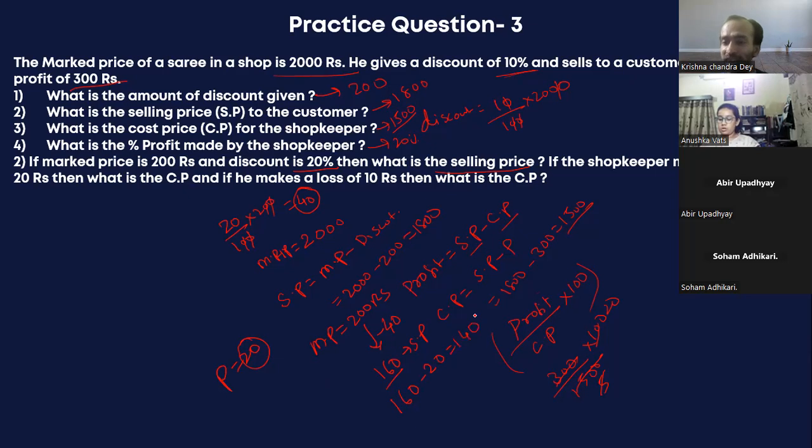But if he has made a loss, that means he would have bought at a higher amount and sold at a lesser amount. If he is making a loss of 10 rupees, he would have bought it at 170 rupees. In that case, my cost price will be 170 rupees.